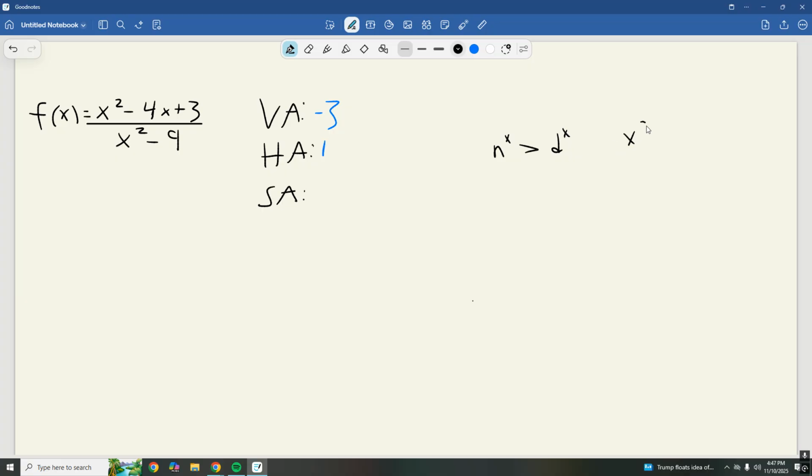This would be a situation like x squared plus 1 over x minus 2. This would mean there's a slant asymptote in here. If it's reversed, no slant asymptote. This is the only case it'll ever have a slant asymptote, when the numerator exponent is greater. In our situation, they're equal, so we actually have no slant asymptote at all.